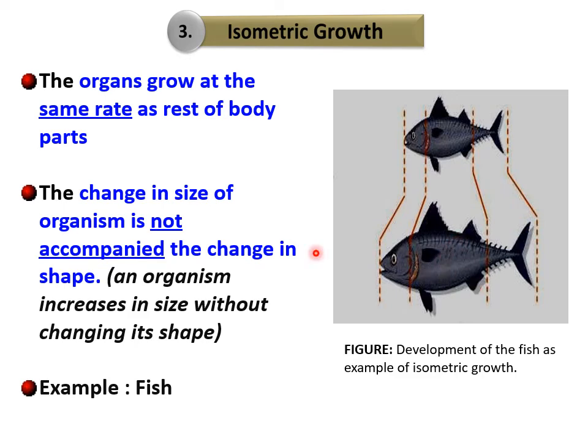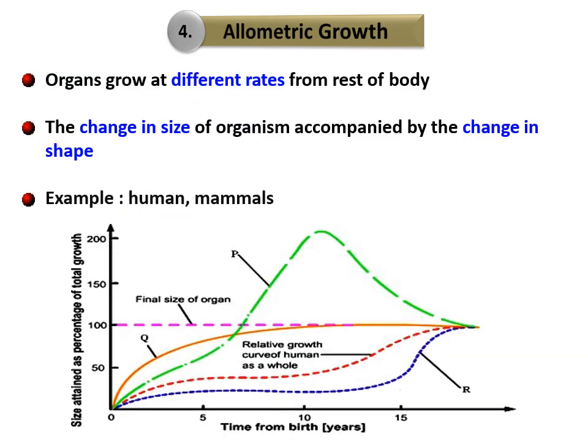An example here is fish. For allometric growth, organs grow at different rates from the rest of the body. The change in size of the organism is accompanied by a change in shape. An example is humans and mammals.